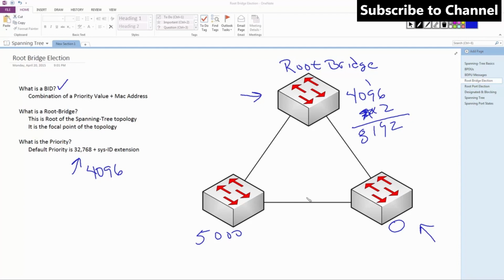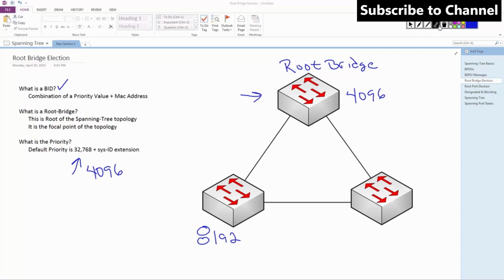Yes, 8192. So my next value for spanning tree would have to be 8,192. So if I put this value here and left this as 4096, then this will still be the root bridge because his priority is less.